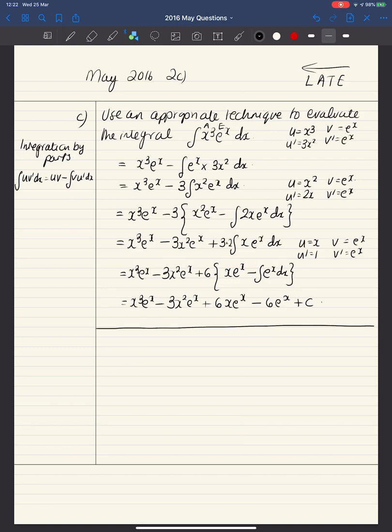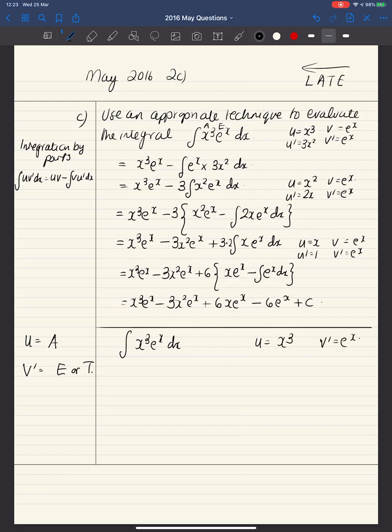It's quite repetitive. But if you've got the way a student showed me, if you've got that u is algebra and v dashed is either exponential or trigonometry, then you can use this method. So we'll go back to the original, x cubed e to the x dx. So u is the algebra and v dashed is e to the x.